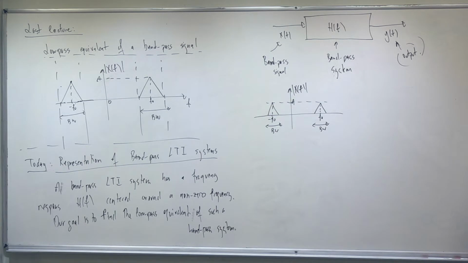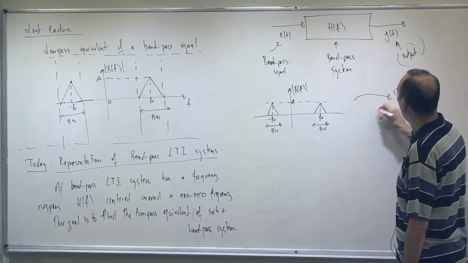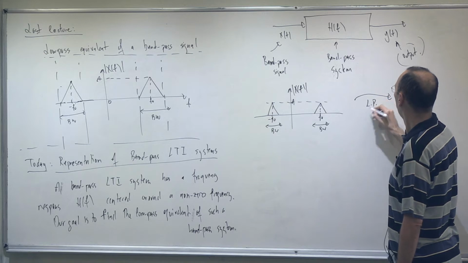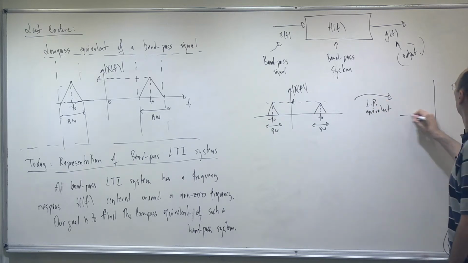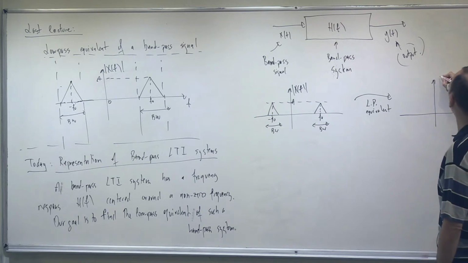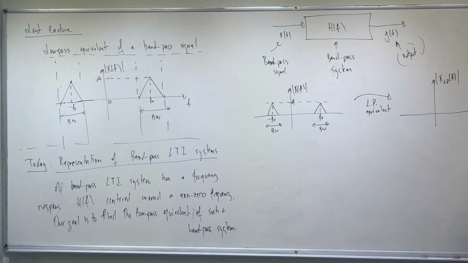Okay. Now, we have studied this. If we say that the low-pass equivalent of this one is, so X low-pass equivalent, again the magnitude. Okay. So it's actually the same triangular shape, the same waveform.